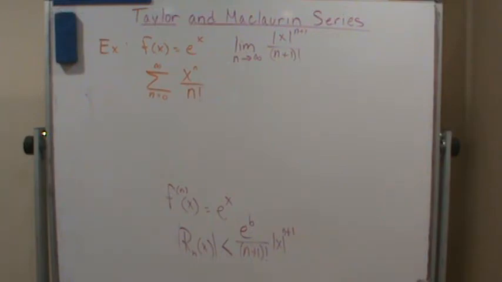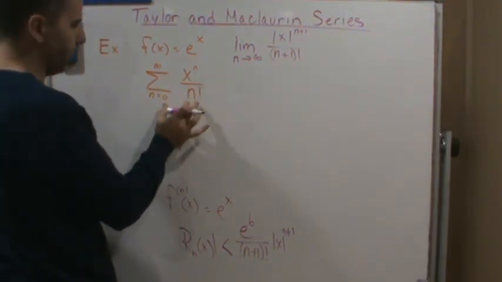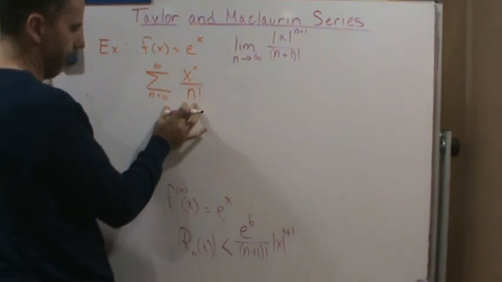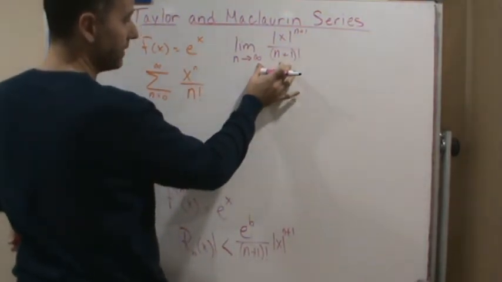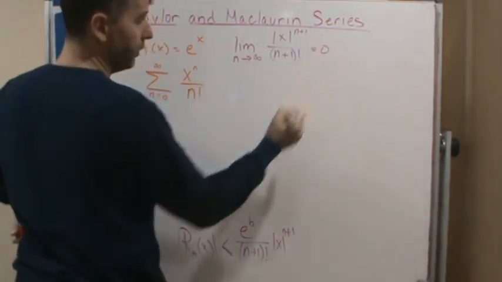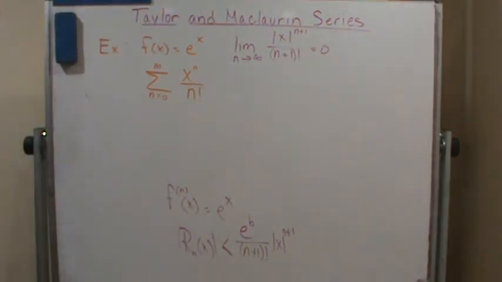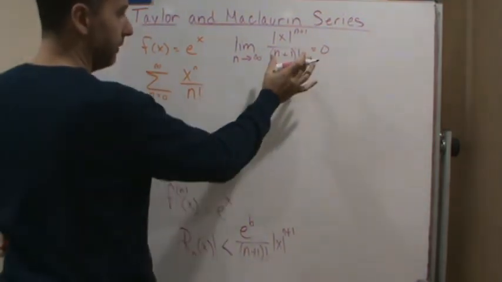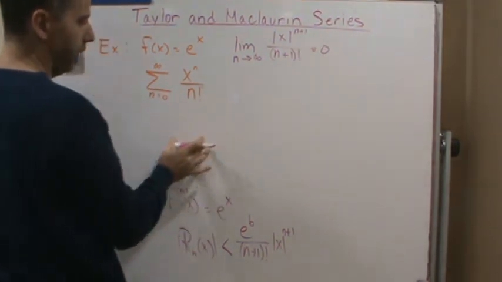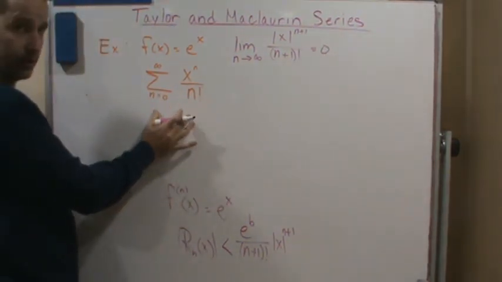Again, by the divergence test, since we know this series converges for all values of x, then we know that this has to equal 0. Remember the divergence test was if this is not equal to 0, then the series diverges.